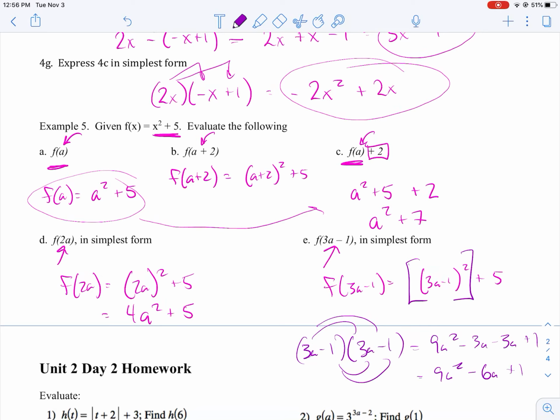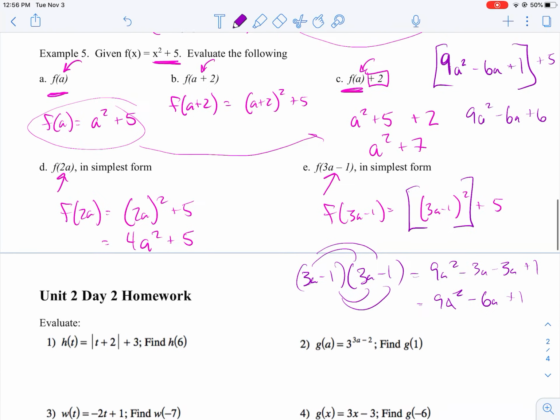So let me plug this back in. It's going to be 9a squared minus 6a plus 1 plus 5. It says simplest form, so we're not quite done yet.